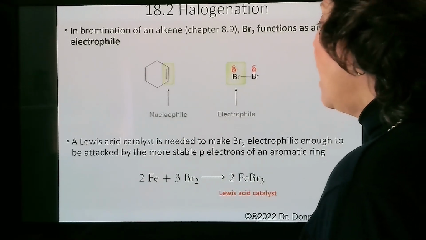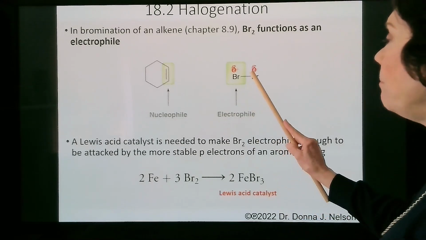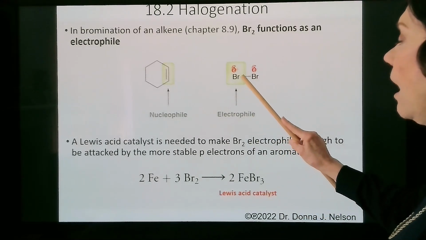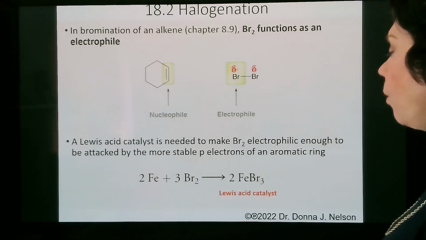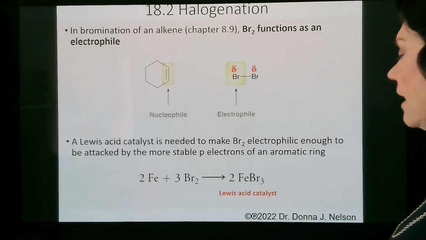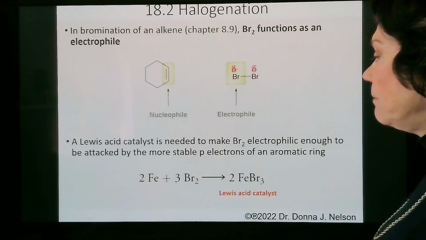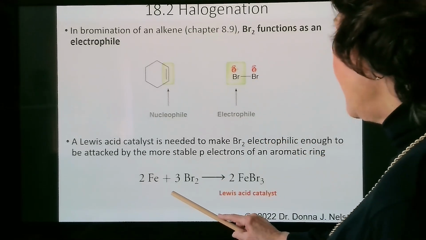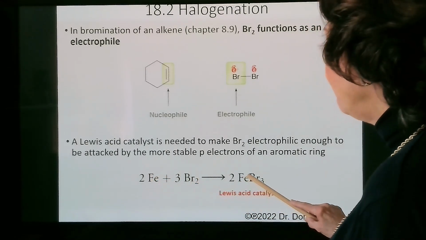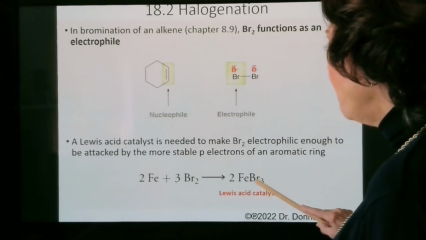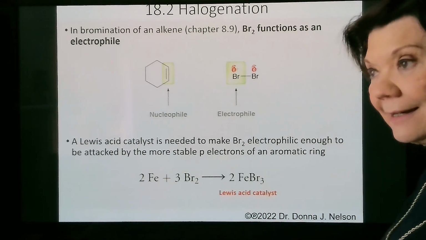And so a Lewis acid catalyst is needed to make this electrophile more reactive. What it does is it actually polarizes this bond even more. As I said, when you put iron in the presence of bromine, you form iron bromide. And this is the Lewis acid catalyst.